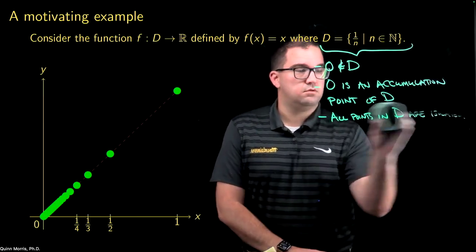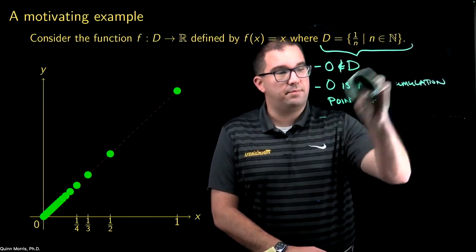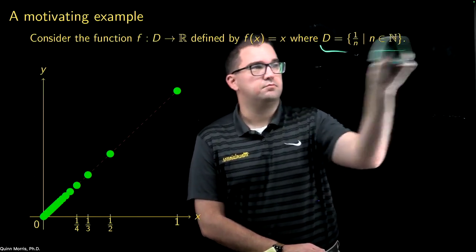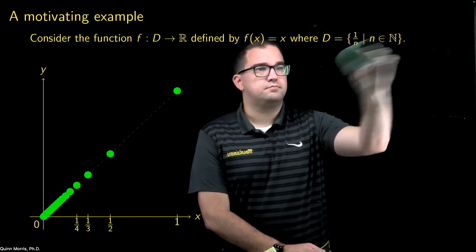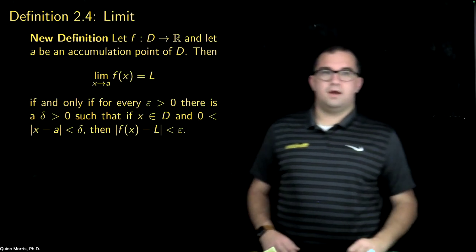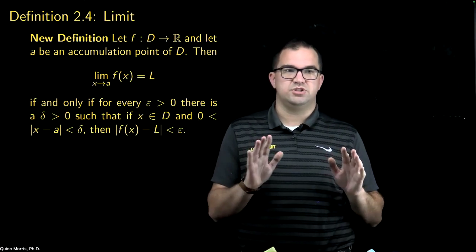So now we want to look at a new definition and compare and contrast it to our old definition. So our new definition will say, let f be a function from D. Here, D is just a general domain.